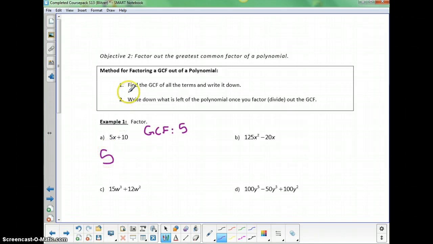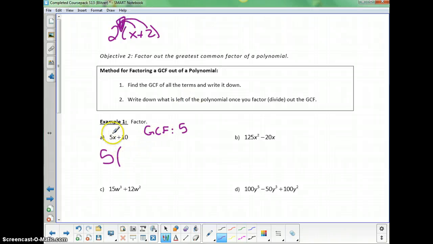My first step is to find the GCF, write it down, and then open parentheses to write down what would be left if I took that out. Now I'm doing the opposite of distributing. Remember, with the distributive property, I multiply that in. So when I am factoring, instead of multiplying something in, I'm going to be dividing it back out.